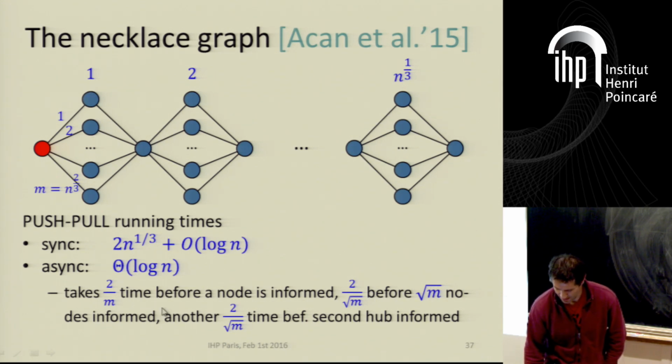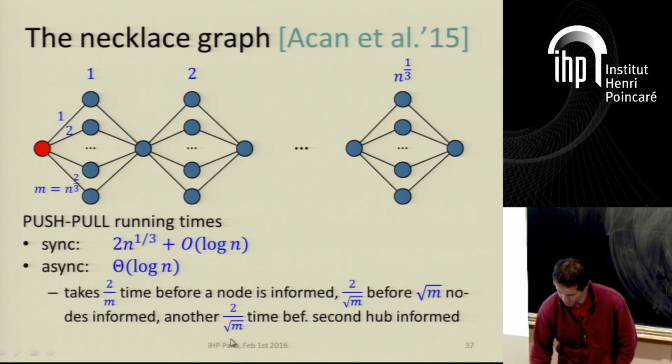And then by a similar argument as before, it follows that in an additional 2 over square root of m rounds, some of these nodes will choose and push the rumor to this node over there. So it takes order 1 over square root of m rounds to go from here to here.